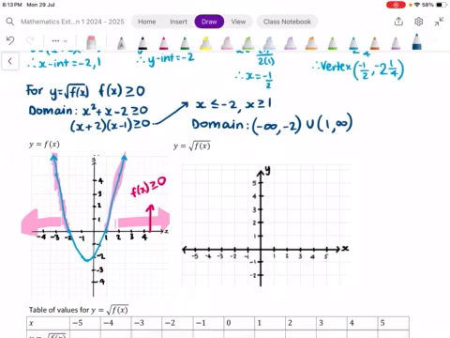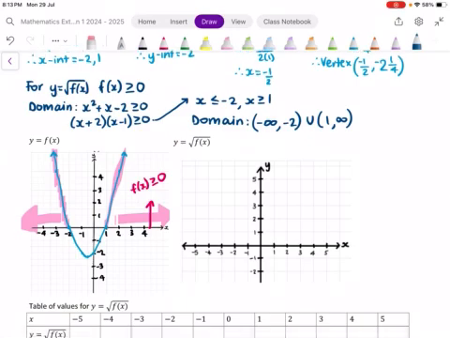Okay, so we need some key points. We obviously have our x-intercepts of -2 and 1, but let's see what happens underneath our square root symbol when we have x equaling 2. When we do that, we get 2. Let's see what happens at 3. We get 3.16.